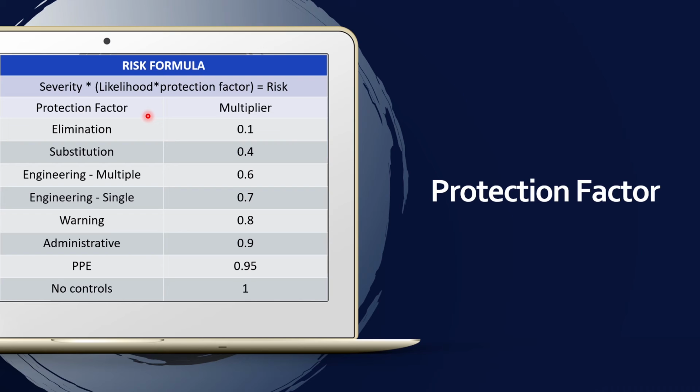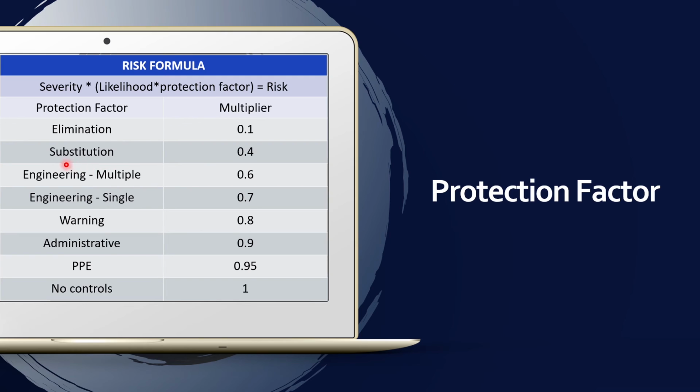If we are using multiple engineering controls, then it will be less effective than the first two, elimination and substitution, but more effective than the others at the last. So in this way, we have given each control measure a multiplier according to its effectiveness. For example, for elimination, we multiply the risk level by 0.1 in order to check the residual risk. 0.1 means that this is the most effective control measure in the hierarchy of control.